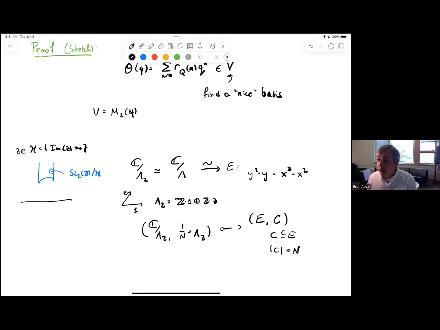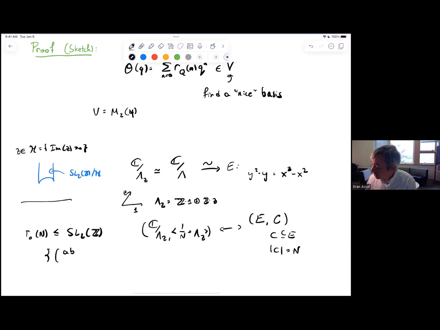So in order for an element of SL2Z to actually preserve the group generated by this, in order for an element of SL2Z to actually preserve this subgroup, we really want it to be in a slightly smaller subgroup.